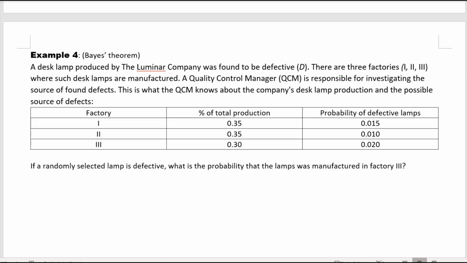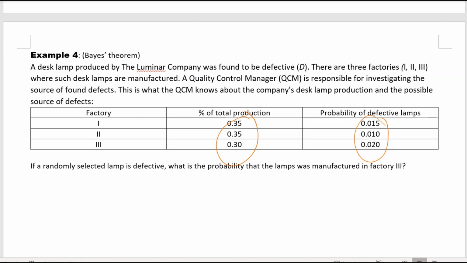A quality control manager is responsible for investigating the source of the found defect. This is what the quality control manager knows about the company's desk lamp production and the possible source of the defect. So here we have factory 1, 2, 3. The percentage of total productions is right here. And you can see when we add them up, it's 1. Okay? And the probability of defective lamps is right here.